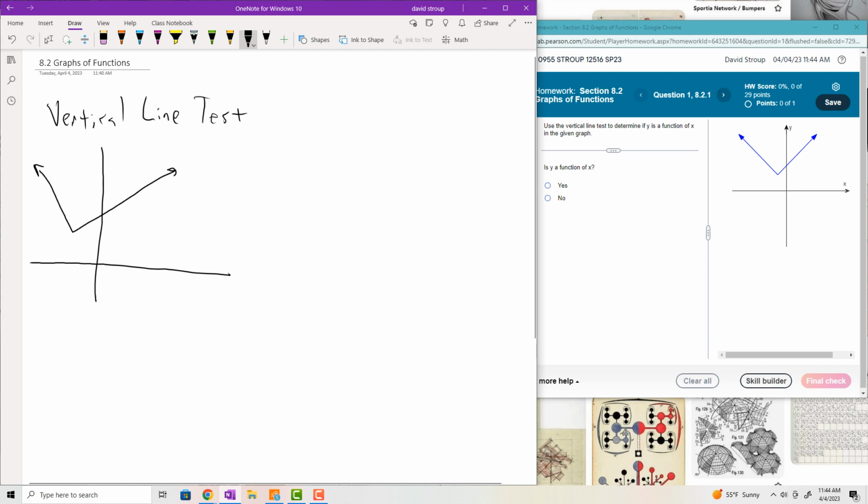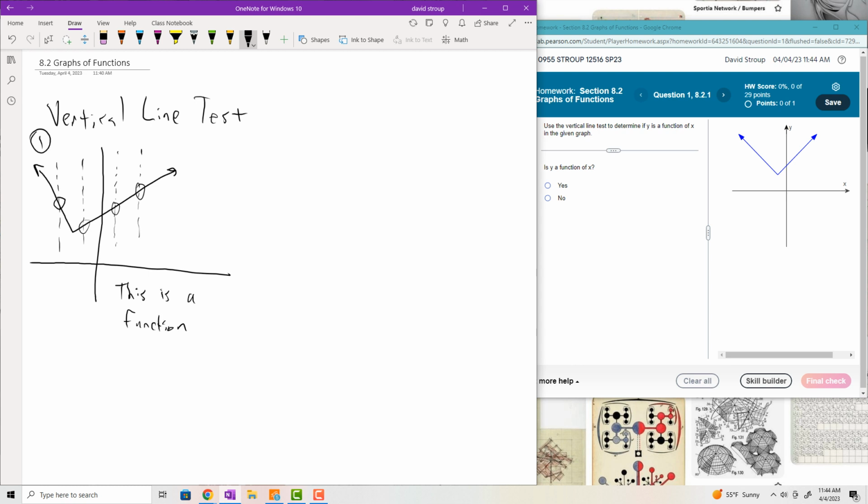So there's my attempt to draw number one. And basically, if you draw a vertical line and it only hits the graph in one place, like there, there, and you have to consider every possible vertical line in the universe. So long as each one only hits one place, then it is a function. So this is a function.